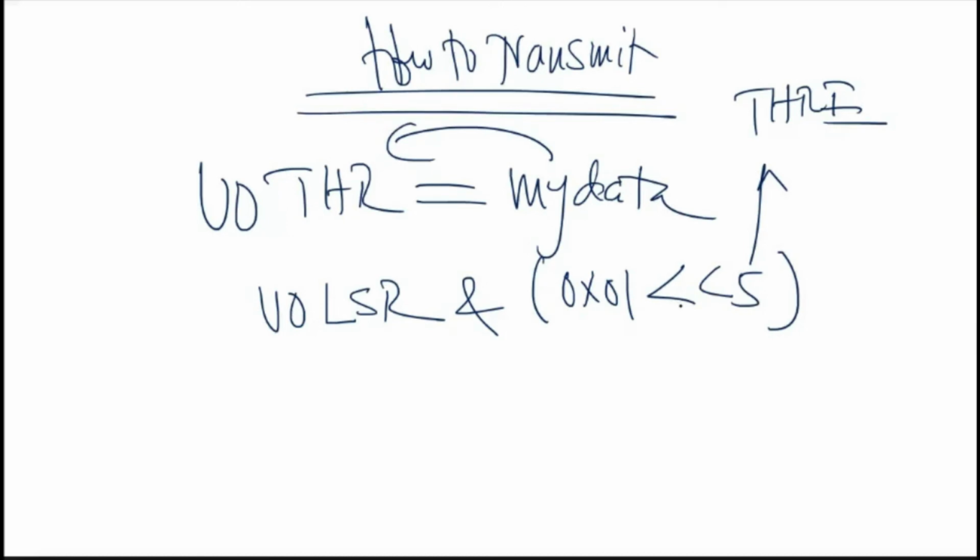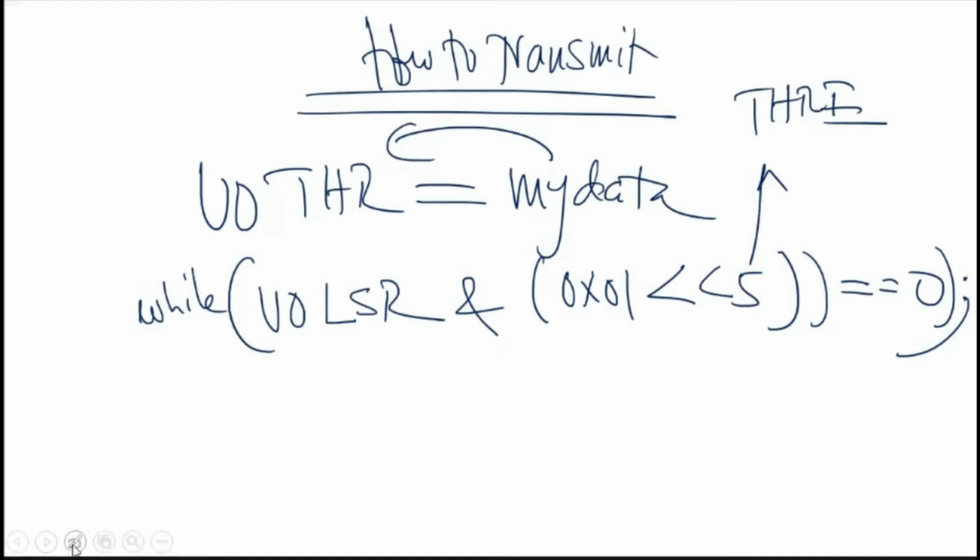If I take 01, left shift it by 5 times, perform bitwise AND and check whether it is equal to 0, that means the microcontroller is busy transmitting. So I keep waiting there. If that is done, then I will complete it. If I pack it in the form of a function, that is called the send UART function.